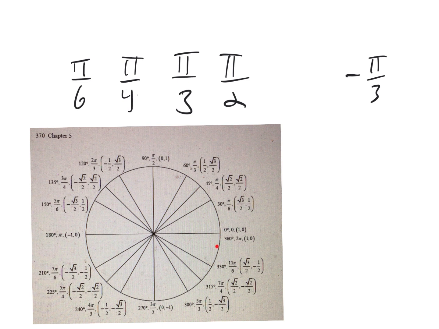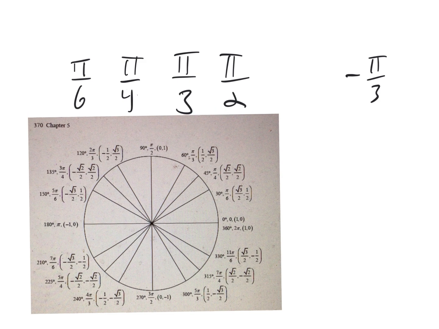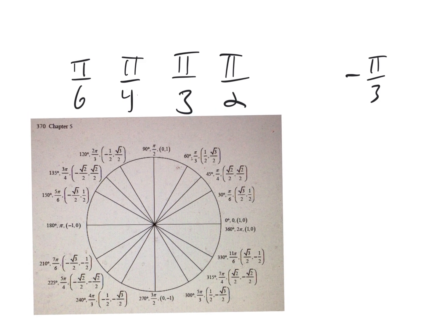I know that the reference angle had the 3 under it. See how that's 6, and that's 4, and I don't know if you can see this over my scratch there. And so that's where negative pi over 3 falls. See how the 3 and the 3 match up? So that's where it matches up.